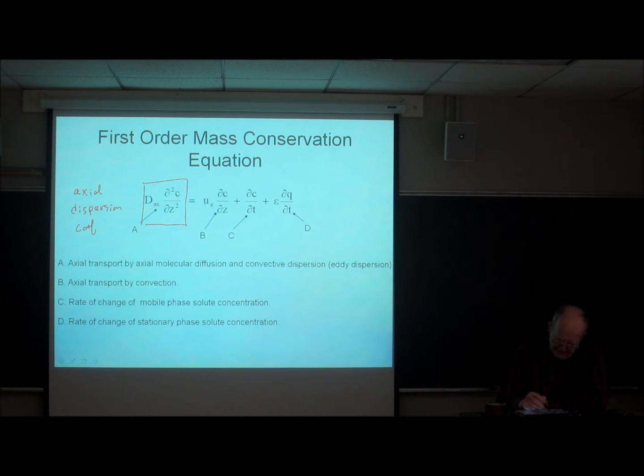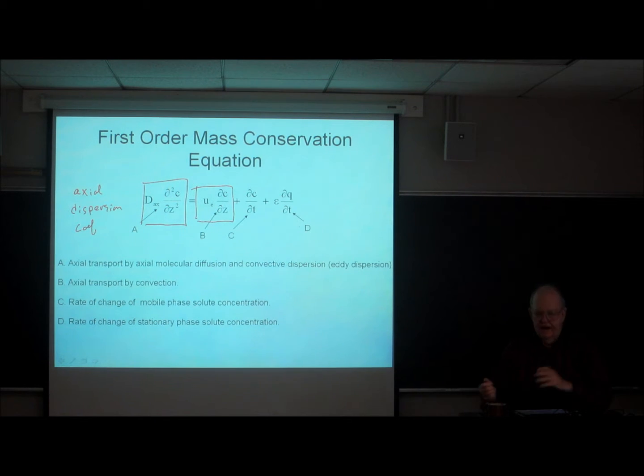The first term on the right is the product of the interstitial velocity and the first distance derivative of the concentration, and this corresponds to the net effect of convection into the zone and convection out of the zone. So that's the convective transport term.